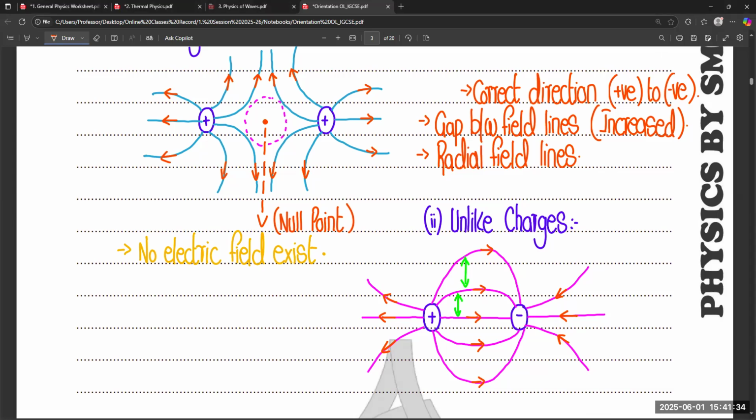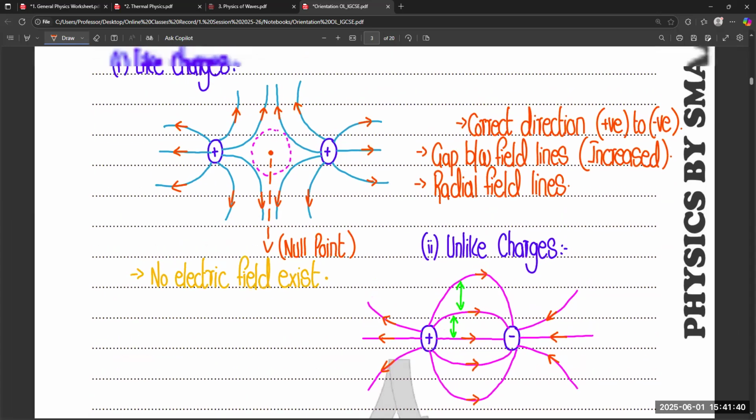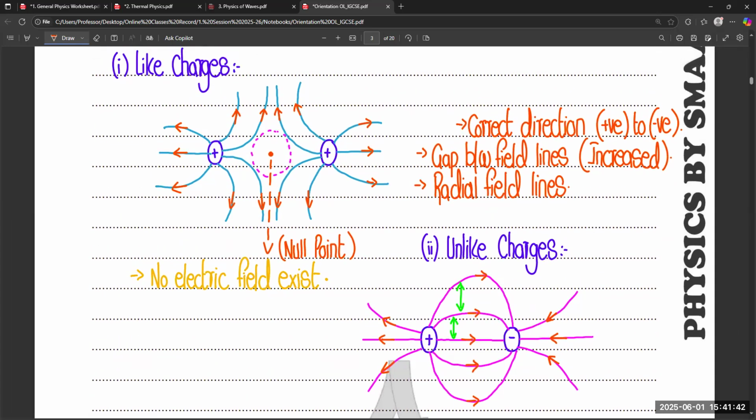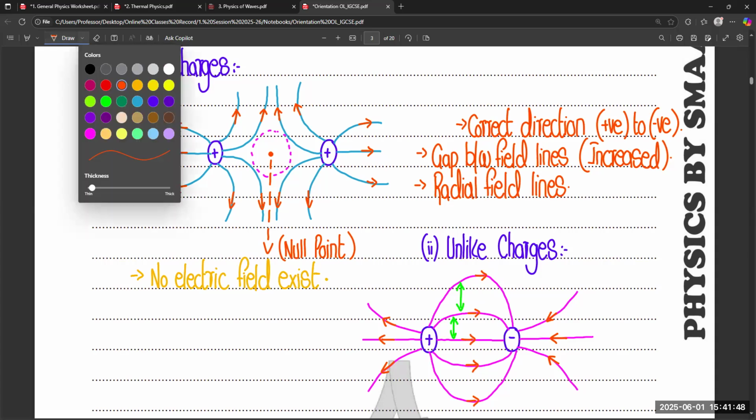So any confusion, any question at this point? Okay. So basically, these are both diagrams, and in these diagrams, the unlike charges diagram is important.